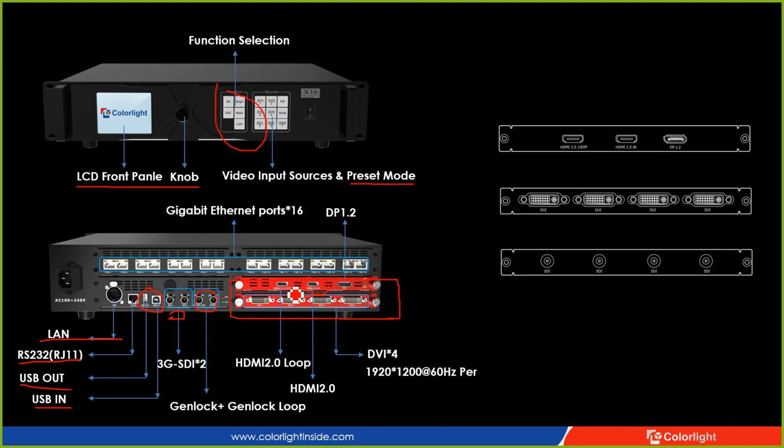At the same time, we provide the HDMI loop. Another option is to use the 4x-DVI input to make a 4K input, and this 4x-DVI input board can be replaced with a 4x-SDI input. So we provide different 4K inputs for different requirements.